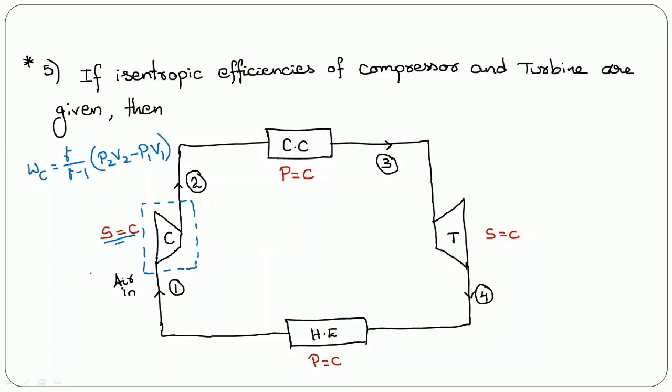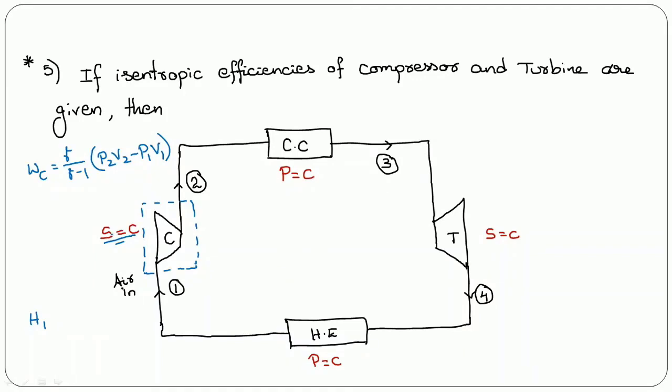Or we can write this work required for compression in another way, by applying the steady flow energy equation. Let us consider H1 is the enthalpy with which air is entering the system. As the process is isentropic, there will be no heat loss, and let us assume that there is negligible variation in the kinetic and potential energies.